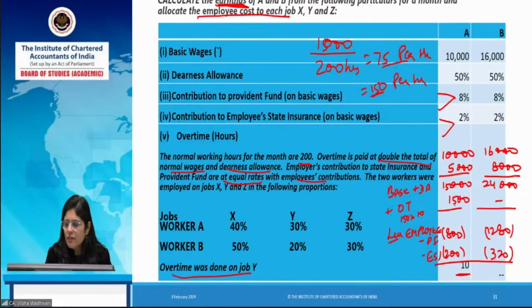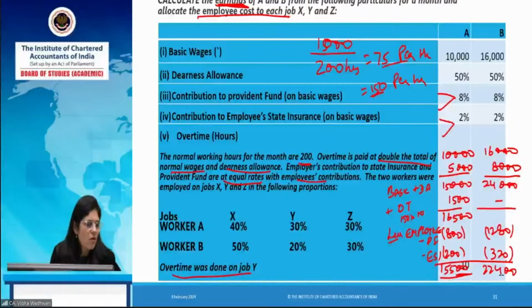Total 16,500 minus 800 and minus 200, A will get 15,500 as the earnings. And how much will B get? 24,000 minus 1280 minus 320, 22,400 B will get.